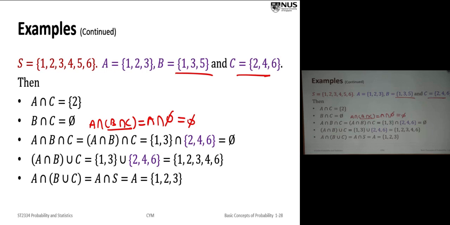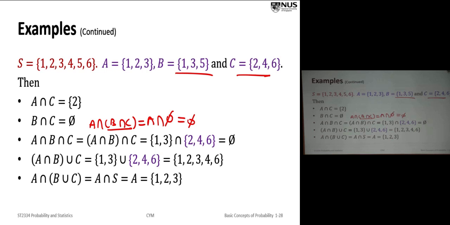So the order is important if union and intersection are both part of the operations. If all the operations are unions, it doesn't matter. If all are intersections, the order is also not important. But if there's some union and some intersection, be careful, as the order may make a difference.